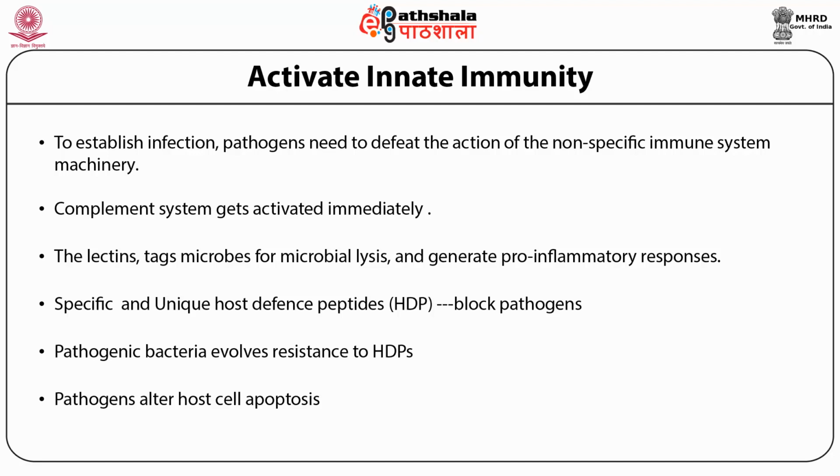There are other several compounds which are present on the host and the pathogens block them, and that's the reason the pathogens survive, but the host innate immunity is totally blocked.